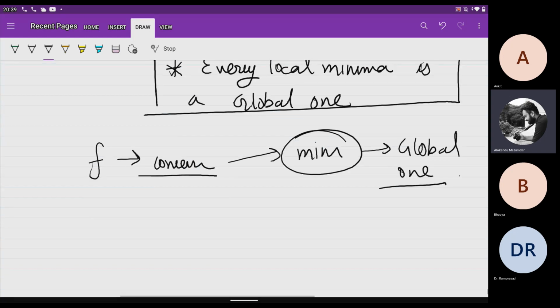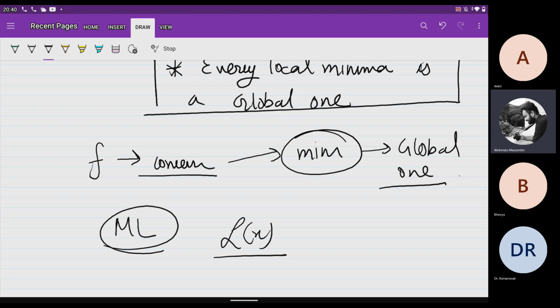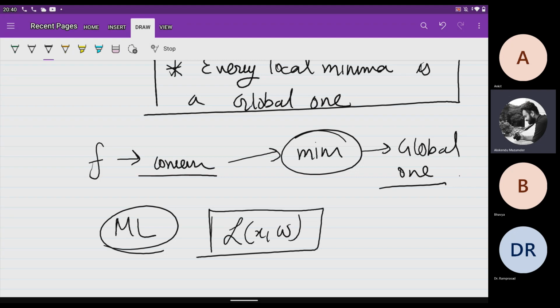See, in machine learning, what happens? If you have a loss function L(x, w), in machine learning you have to minimize the loss with respect to this w. W is basically the parameters.